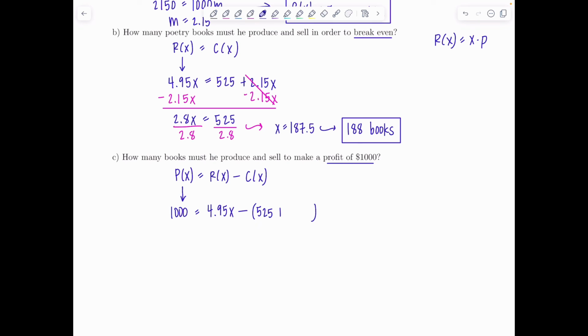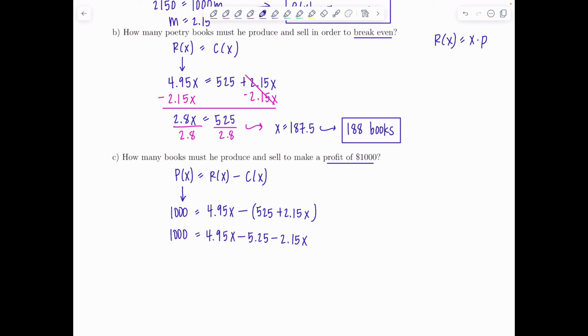Cost was 525 plus 2.15X. And make sure you put parentheses around the cost function because this minus sign needs to distribute. If you forget that, it's going to mess it up. So 1,000 equals 4.95X minus (525 plus 2.15X).